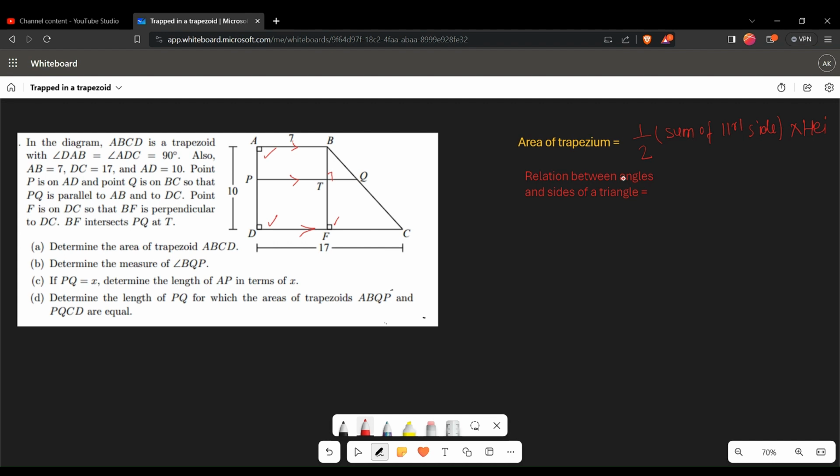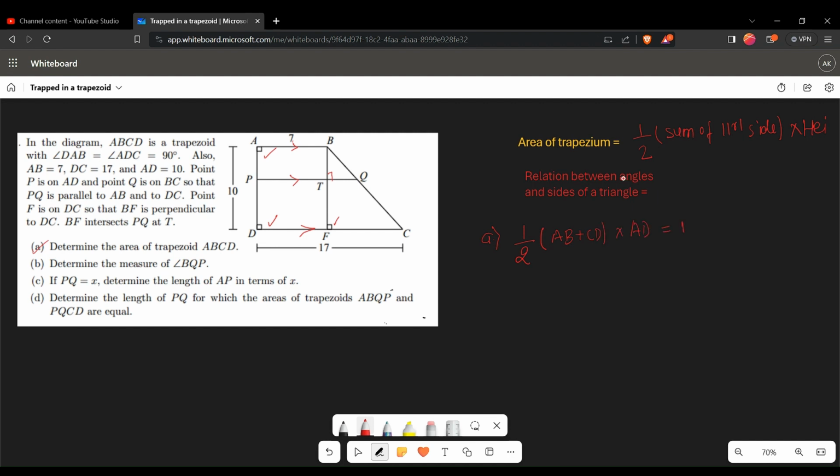Okay. So the very first part of the question says determine the area of trapezoid ABCD. It is very simple and just formula based. Area of trapezium will be half into the parallel sides, which are AB and CD, and its height is AD.